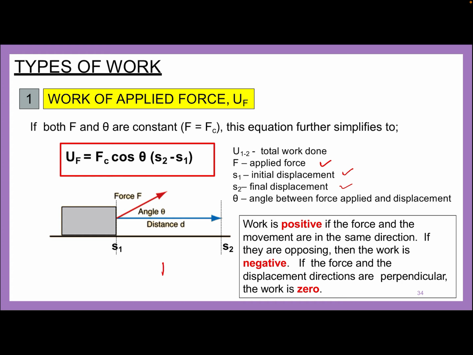As you can see from the picture, S1, S2, force, angle, and distance. Again, work is positive if the force and the movement are in the same direction. If they are opposing, then the work is negative. If the force and the displacement direction are perpendicular, the work is 0.